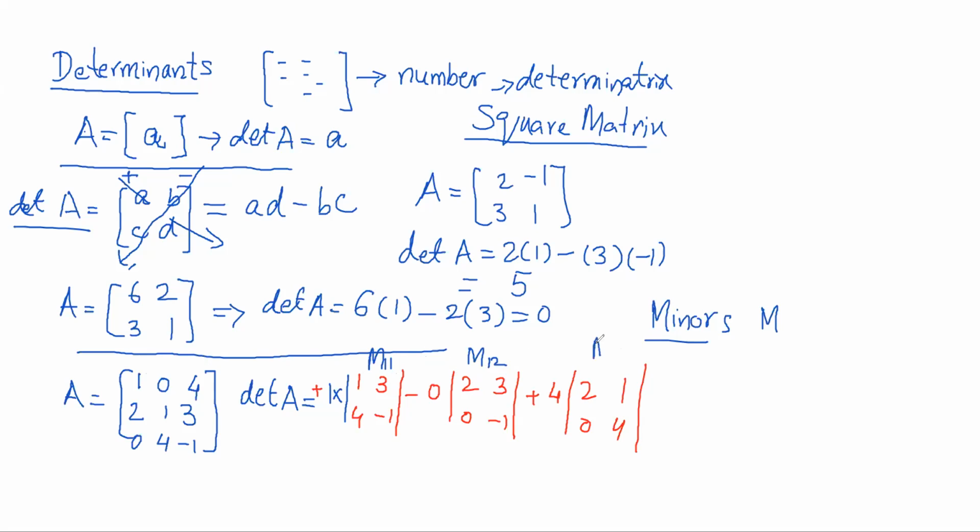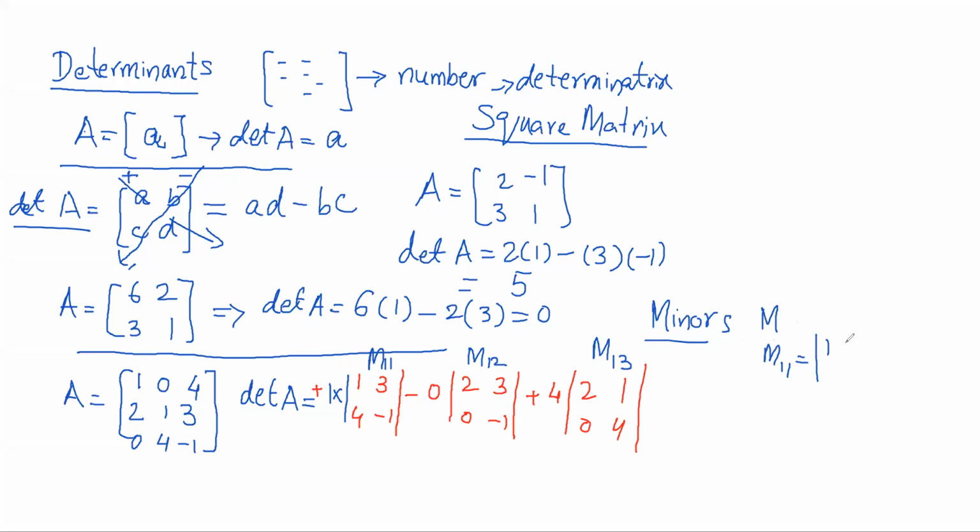And this will be the minor... can you tell me what we should call it? M13. Yeah, M13. So these are the minors. So M11 is this matrix.